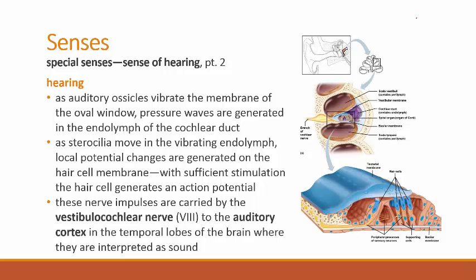If there is sufficient stimulation, then different clusters of stereocilia, their deflection is going to produce an action potential along an axon. And those action potentials are then transmitted up the vestibulocochlear nerve toward the auditory cortex, which is found in the temporal lobes of the brain.